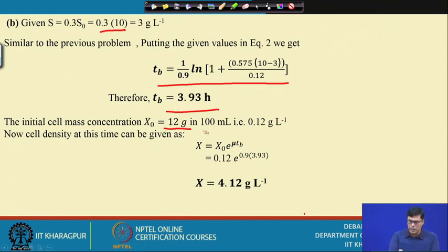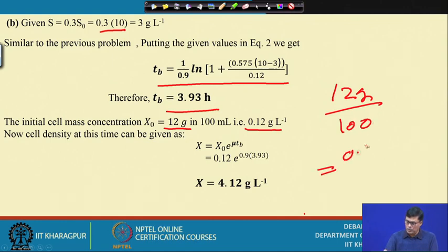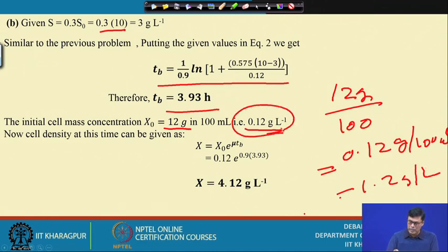So, if you divide, this will be about 0.12 gram per 100 milliliter. So, per liter it will be 1.2 gram per liter. There is a little bit of error here, please correct it. This will be 1.2 gram per liter.